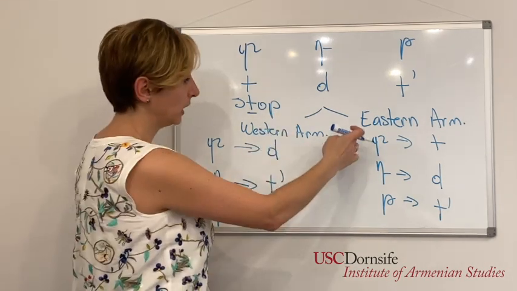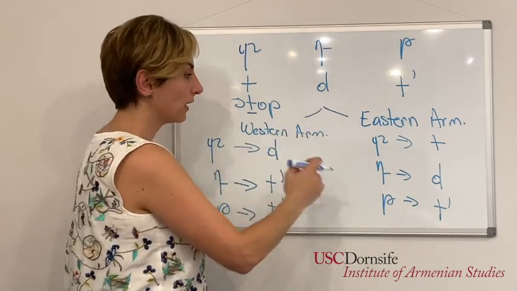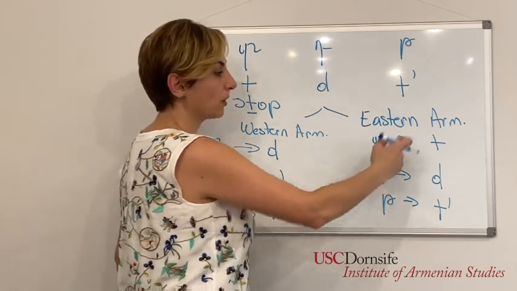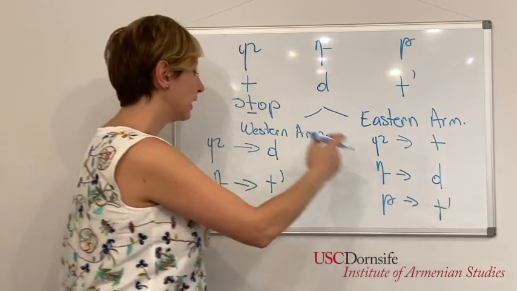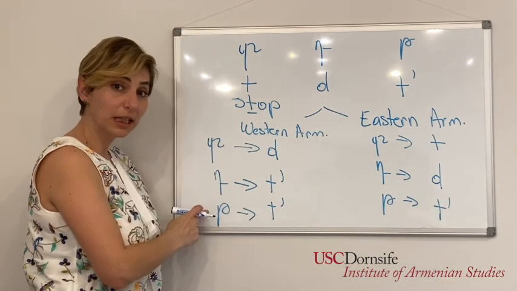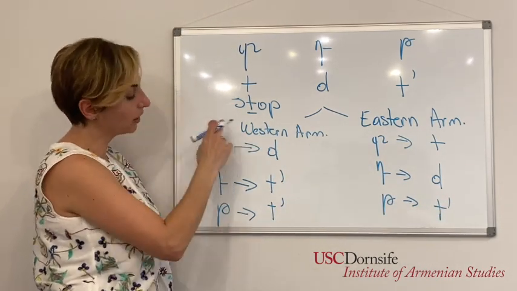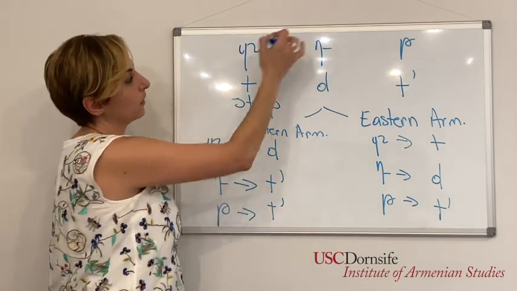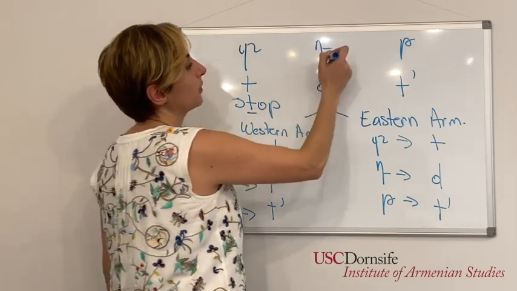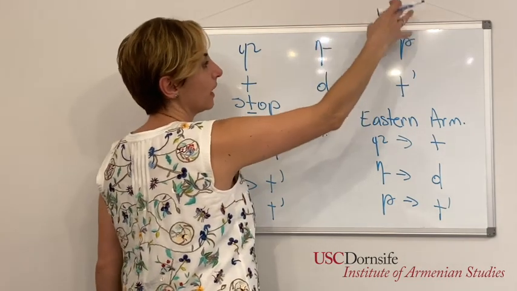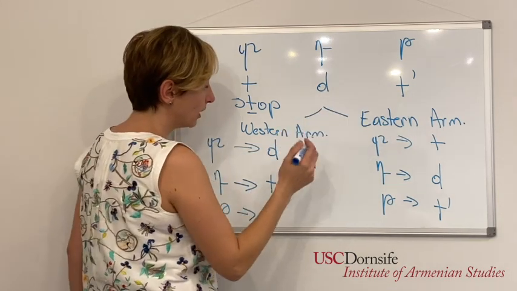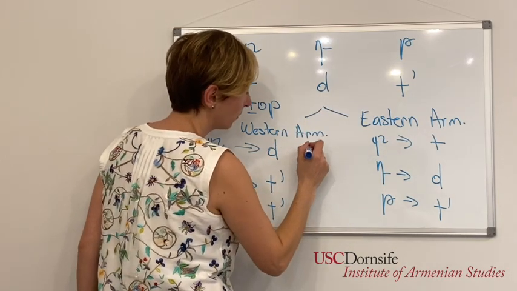So once again, in Eastern Armenian, similar to classical Armenian, you have three graphemes, three letters, which correspond with three sounds. In Western Armenian, you have the same three letters, but they correspond to two sounds.